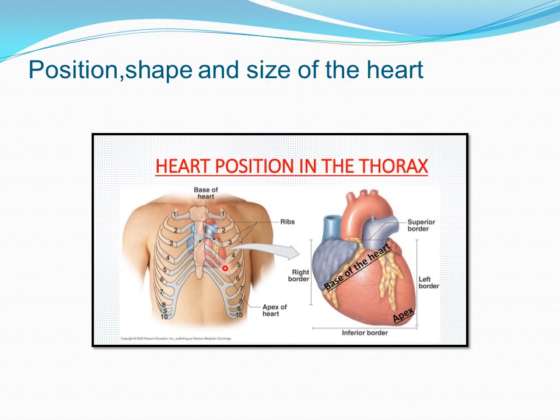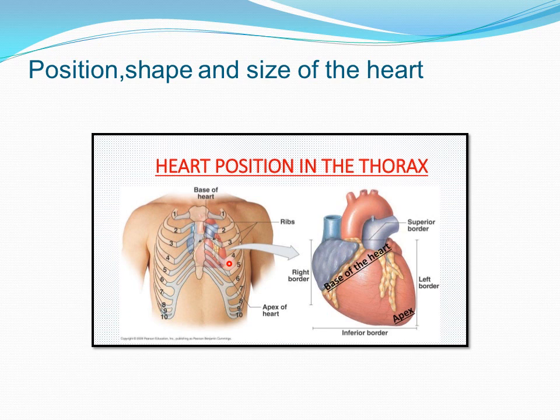Now heart is hollow and it is a muscular organ. So what type of muscle it is? It is a fibromuscular organ and we can see the shape of the heart is somewhat conical in shape. Is it clear? So the base or the lower end is inclined towards the left and the heart is a fibromuscular organ.